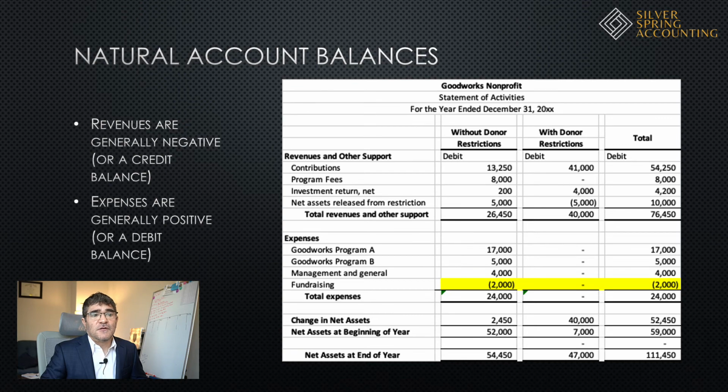So what we might want to do is, this fundraising is obviously going to be made of multiple transactions. It could be even multiple natural accounts. So what we might want to do is find that expense.